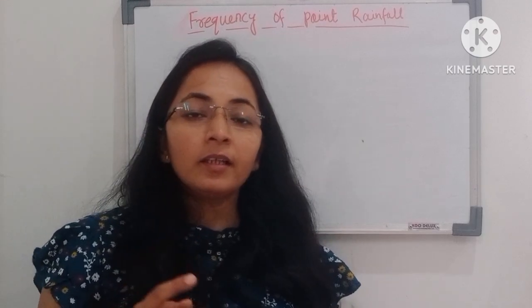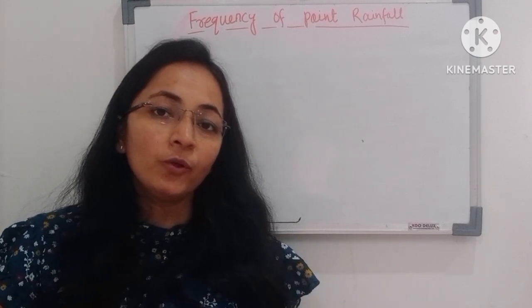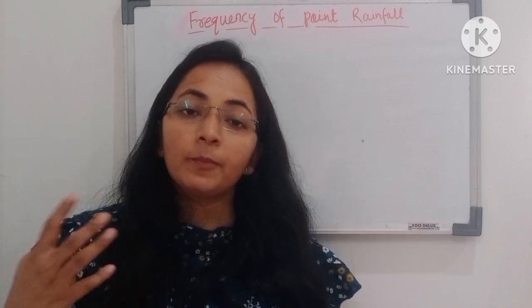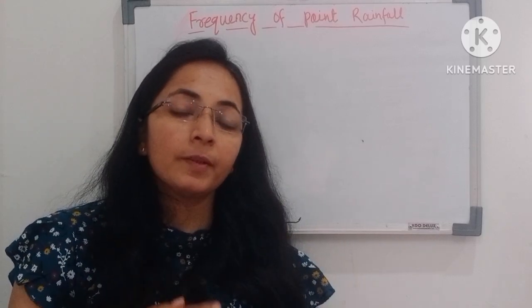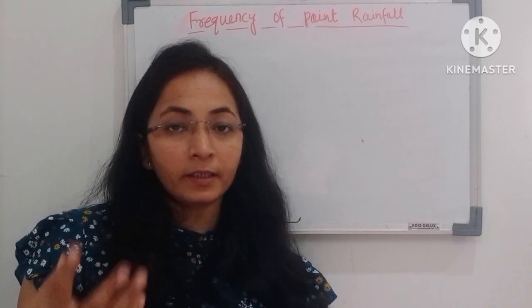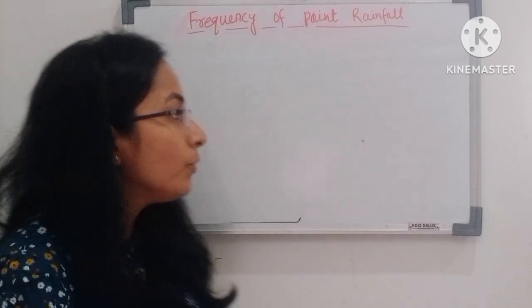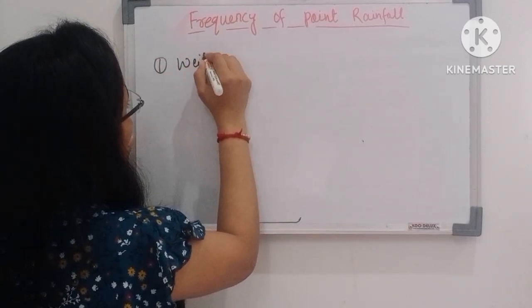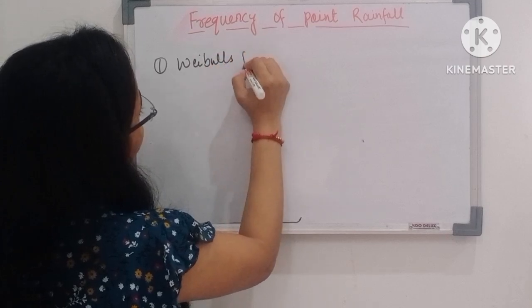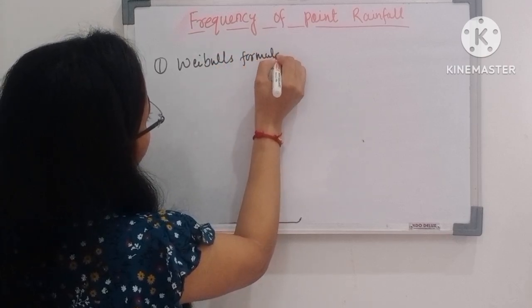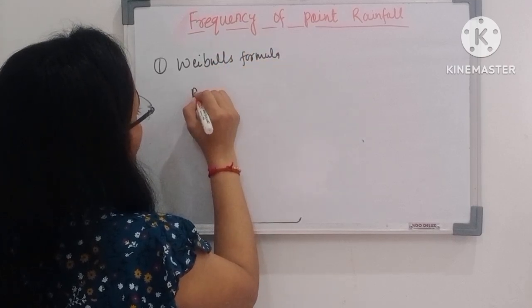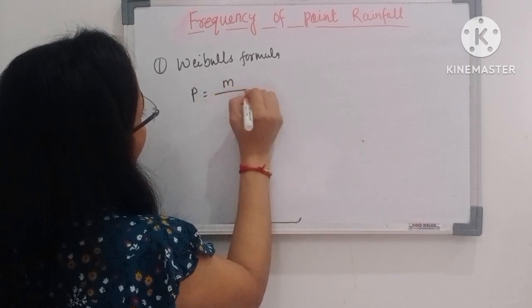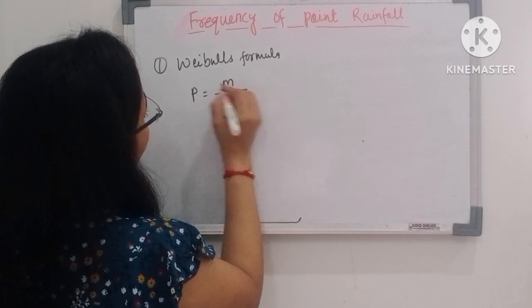So in general we use Weibull's formula, which is also known as the plotting position, for the estimation of probability of equal or exceedance. The formula for the estimation is Weibull's: P is equal to m upon n plus 1.